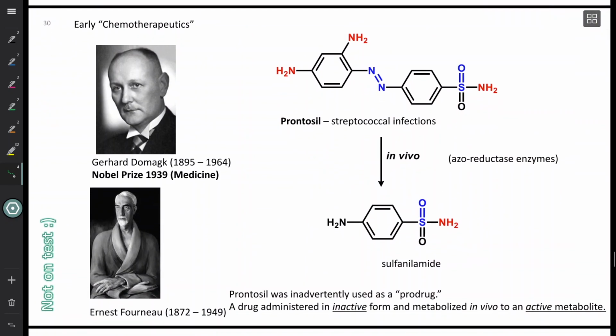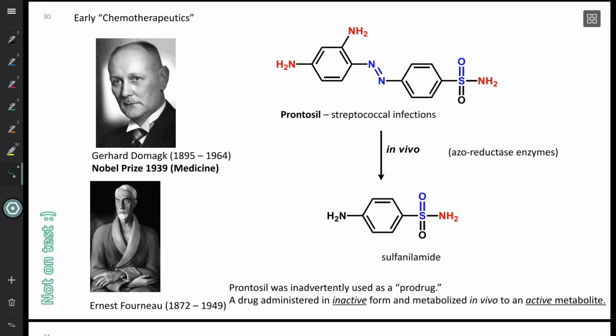Okay, for you pre-med folks, I have to also mention that these azo compounds were some of the very first chemotherapeutics, so giving basically a medicine to treat a disease.